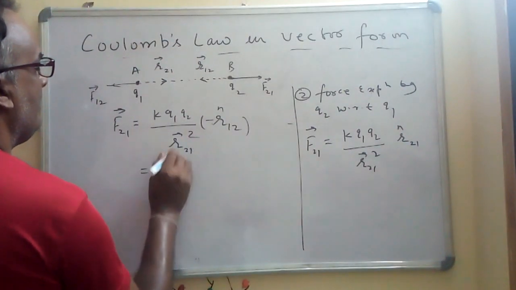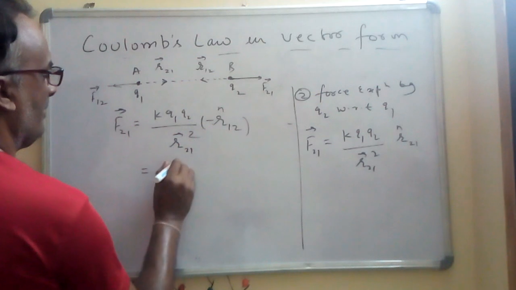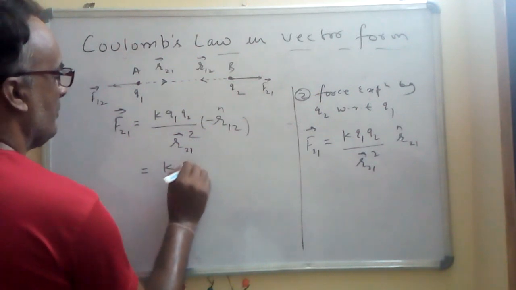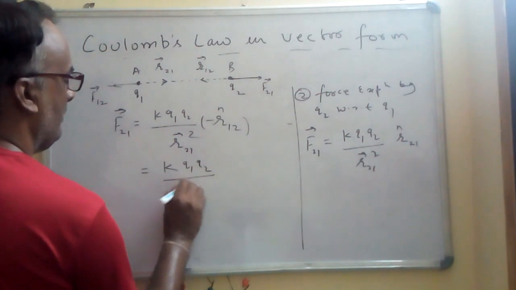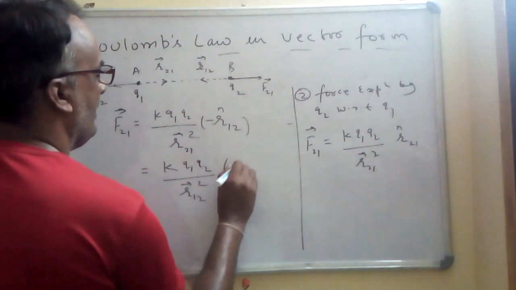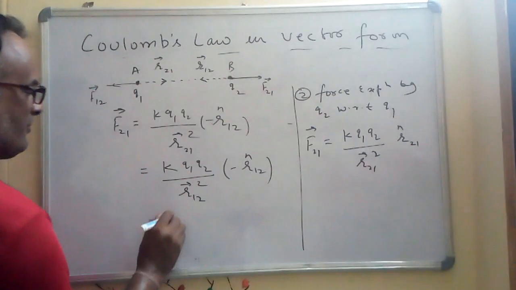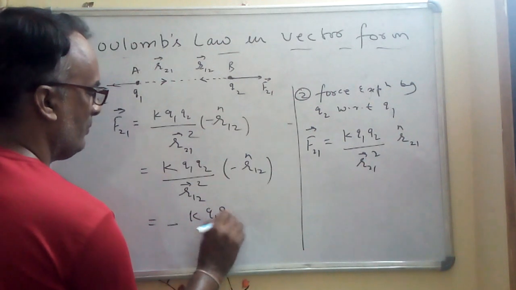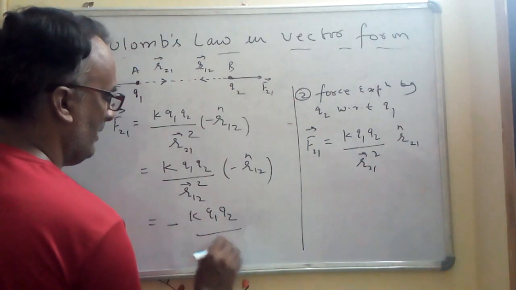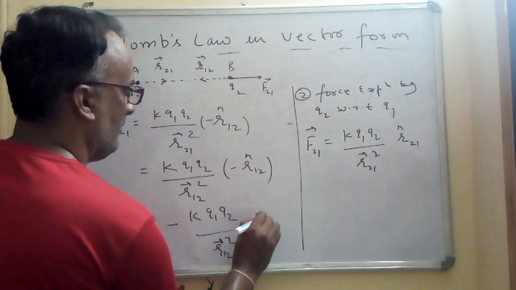You can also rewrite it because it is a square: KQ1Q2 upon R12 square, and this is your minus R12. So we can also write it like this: minus KQ1Q2 upon R12 square, and this is R12.